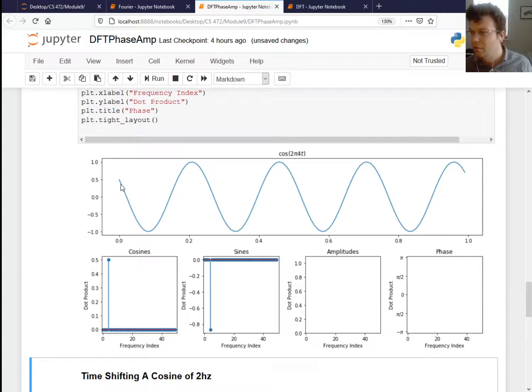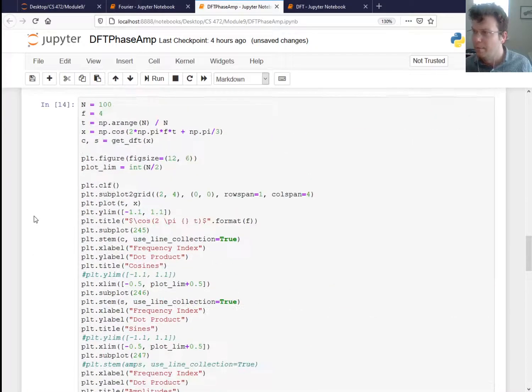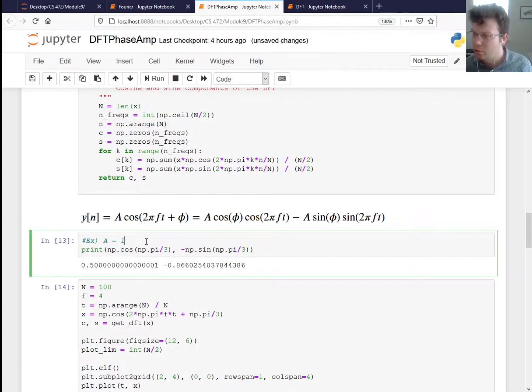So what we see is this is looking almost like a negative sine. A negative sine would start at 0 and go down right away. This starts at 0.5 and goes down a little bit. Just to point out, if we subtract pi over 2 here, the cosine is an even function, so actually the negative doesn't matter.